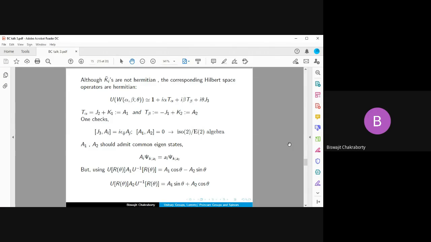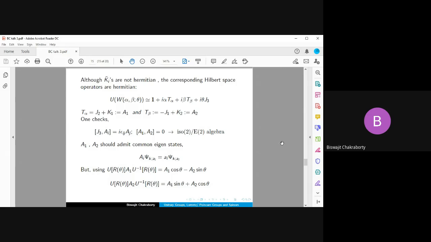T alpha, you can see, is J2 plus K1, which I relabeled as A1, and T beta is minus J1 plus K2, which I relabeled as A2. One checks that if you calculate the algebra, the commutator of J3 and A_i will be i epsilon_ij A_j, and the commutator of A1 and A2 is equal to 0. This algebra is quite reminiscent of your Poincare algebra in a miniaturized version, you can say.